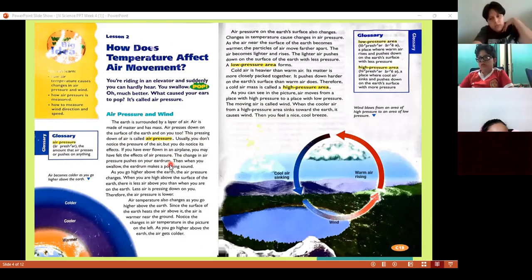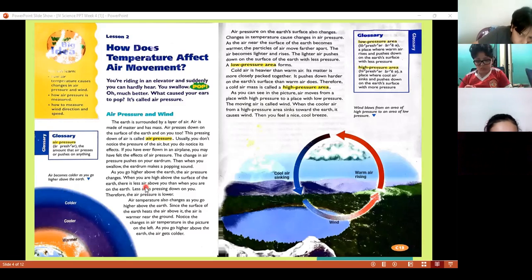And it mentions the example of the airplane. Also here we have something that is important: the air temperature, how it changes if you are higher above the surface. For example, look at the earth.